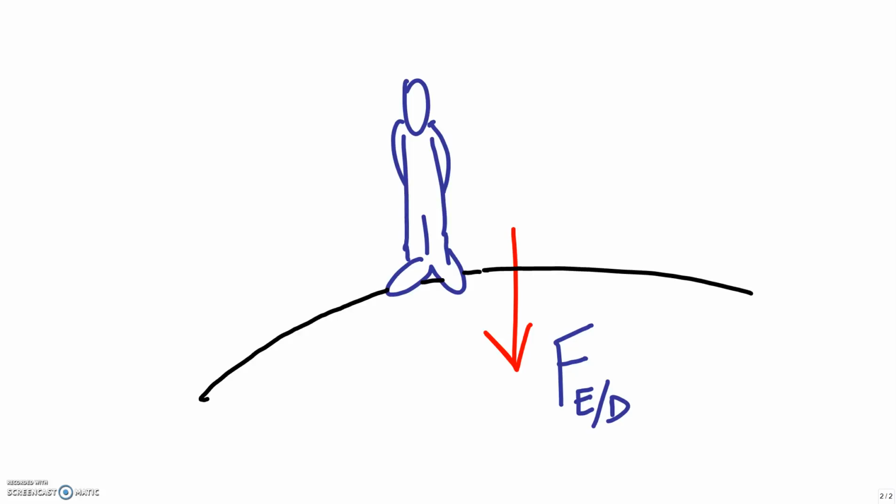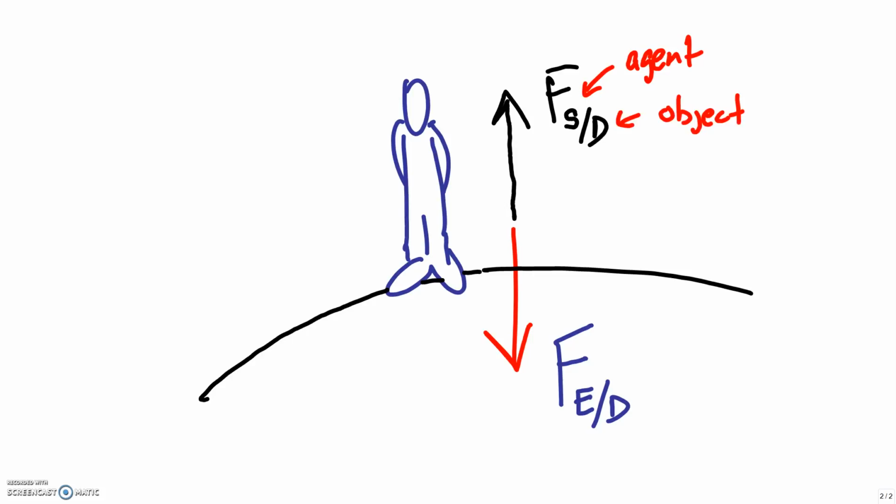There's another force involved here, and that is a force that's directed upward, and that is a force of not the whole Earth, but just the surface of the Earth, or a floor, or the ground, on the dude. All right. So the surface he's in contact with is the agent, and the dude is the object.